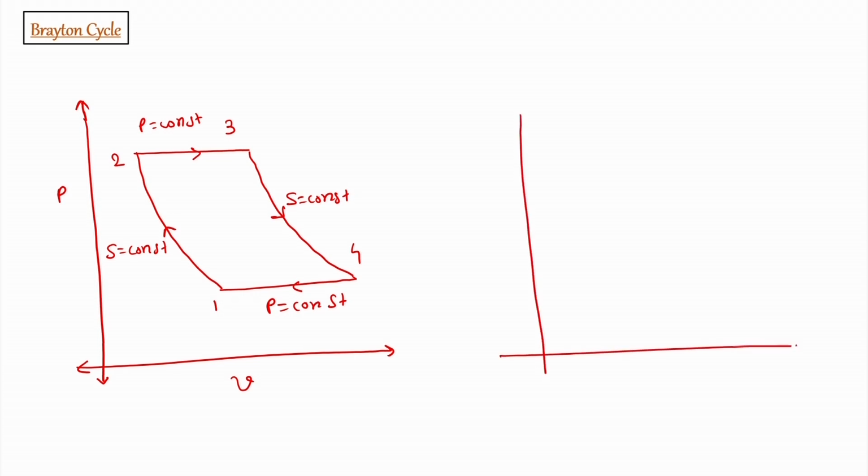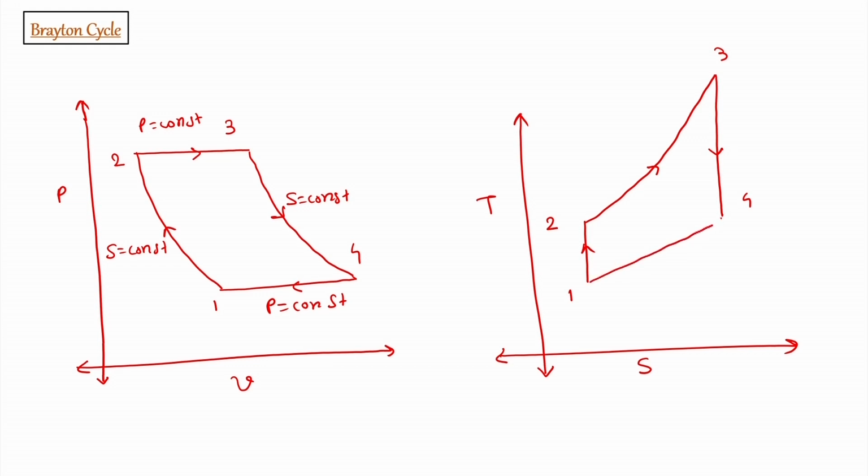Then we have TS diagram, and TS diagram says that we have 1 to 2 isentropic compression, then 2 to 3 constant pressure heat addition, then 3 to 4 we have isentropic expansion, and 4 to 1 we have heat rejection. So there is basically a Brayton cycle which is generally used in the gas turbine power plant.